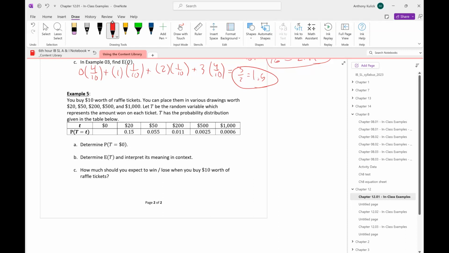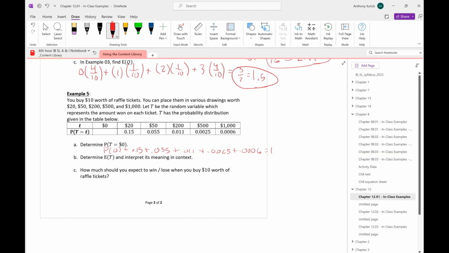What do we know about a probability distribution? Yep. So we'll just say P of 0, which we don't know, plus 0.15, plus 0.055, plus 0.011, plus 0.0025, plus 0.0006 has to equal 1.